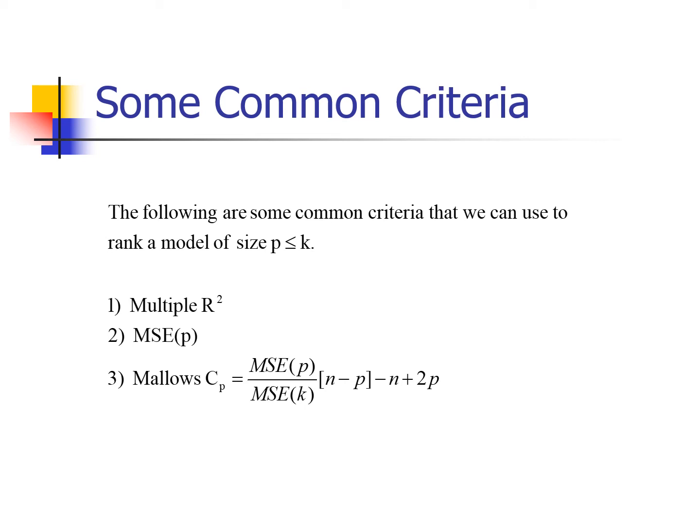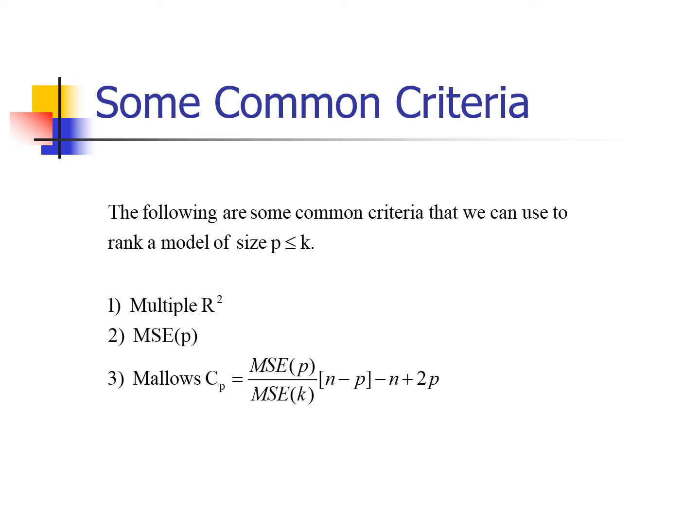We have these k variables, maybe 10 of them, but probably in practice we don't need all 10. So our question is, I have 10 variables, I probably don't need all 10 of them. How many do I need? Maybe the answer is 5.